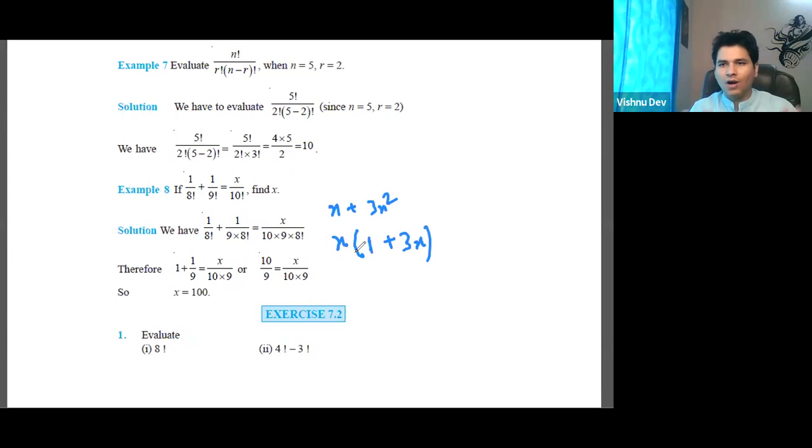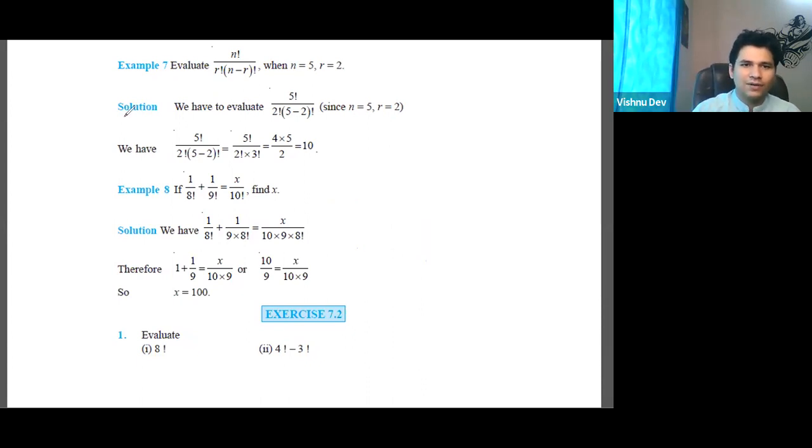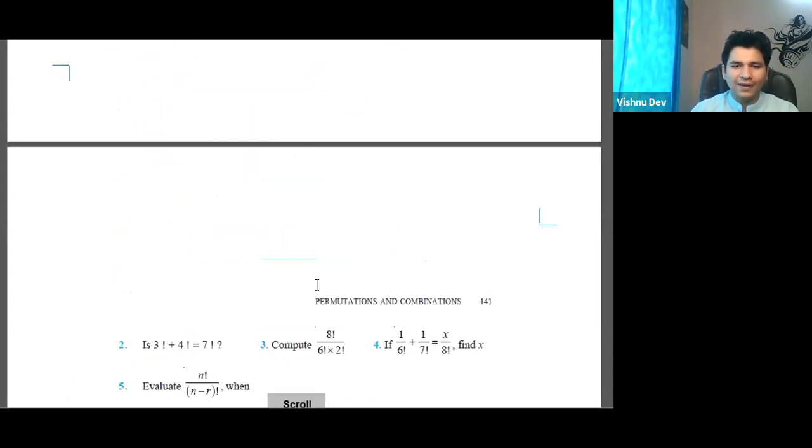That is a common thing. In factorization we take common, so 1 is left, x into 1 is equal to x. Okay? Which module is this? I will send you, don't worry, you don't need to worry about this. So these 5 questions will be easy.